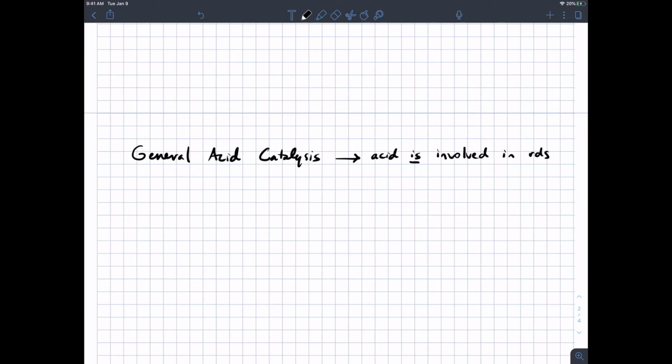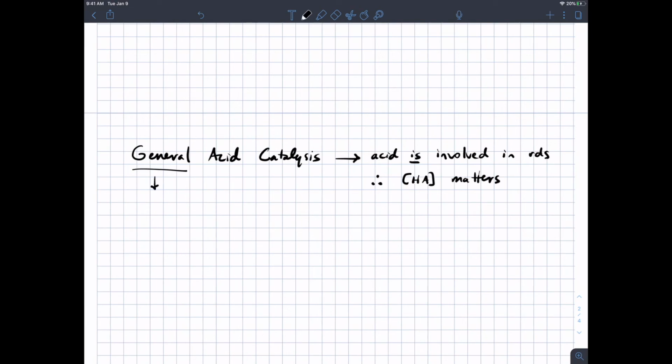And we're going to see that therefore the concentration of our acid matters. Why do we call it general acid catalysis?